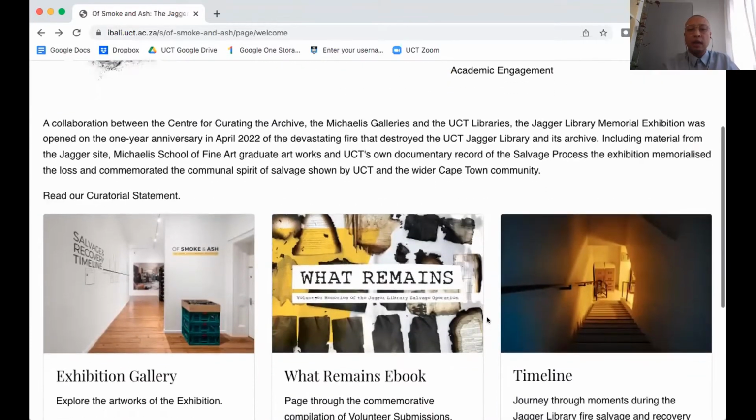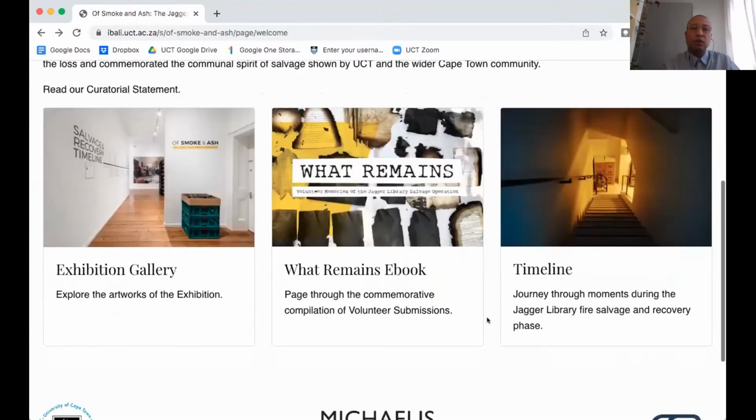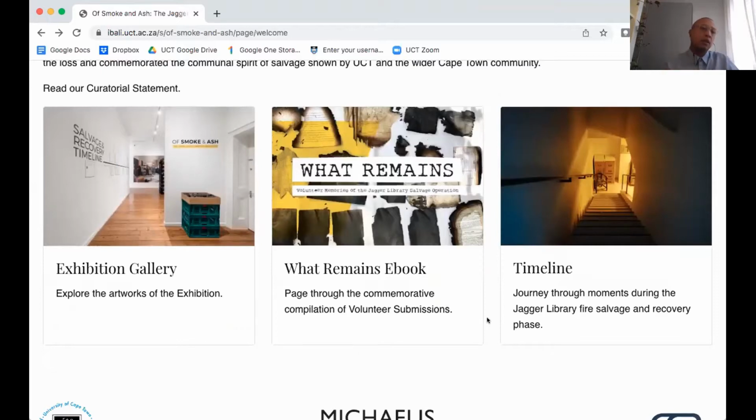So volunteers were able to submit images, voice notes, texts, and all kinds of reflections via the Ibali website. And they were able to provide the credits for all the images and all the information and data points that they wanted to contribute. So in effect, the memories of the salvage were now also being used to develop an archive of memory of the salvage operation.